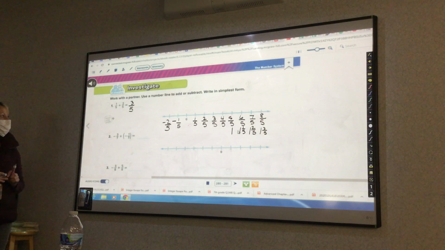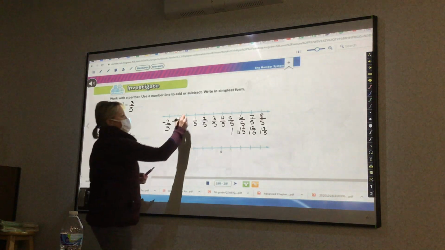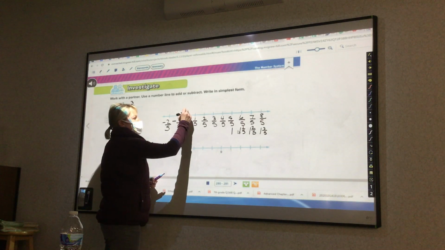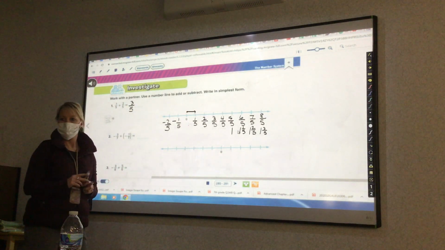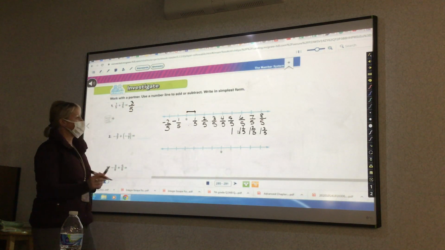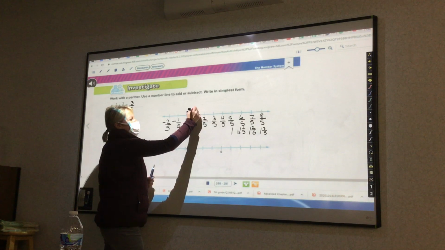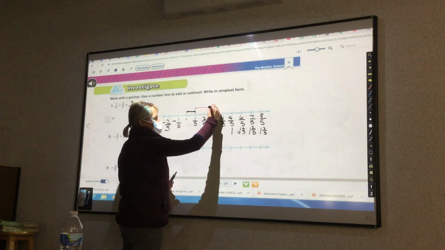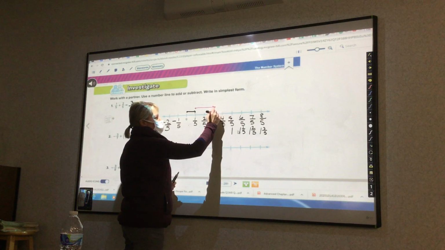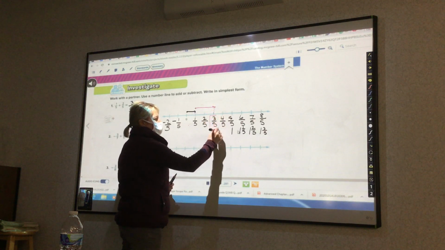Now to show it, we start at 0 and I go up to just 1/5. Then I'm adding, so I start right on top of the 1/5 and I'm adding 2/5, so I go up 2 paces. 1, 2. Dot your line down, put a box around your answer.